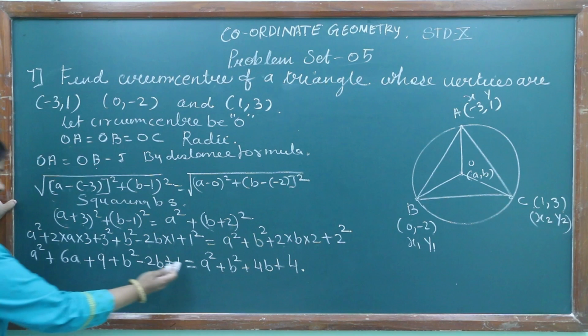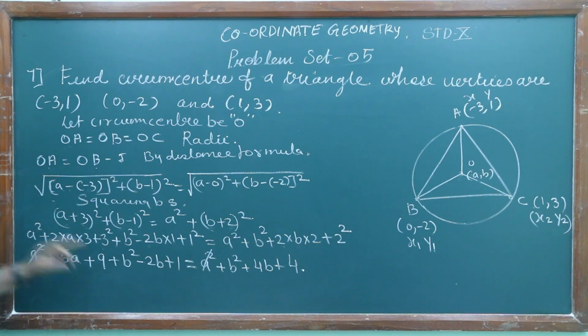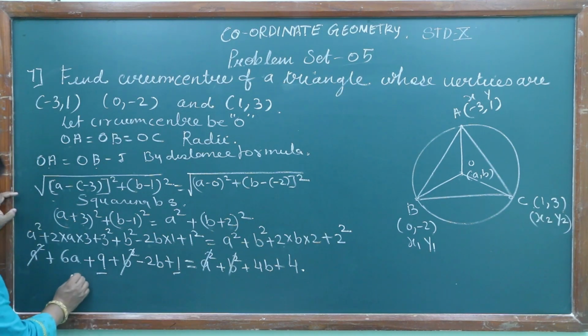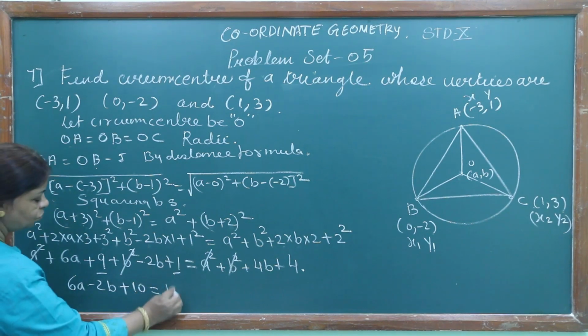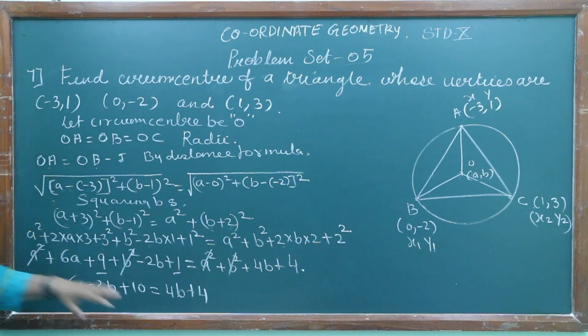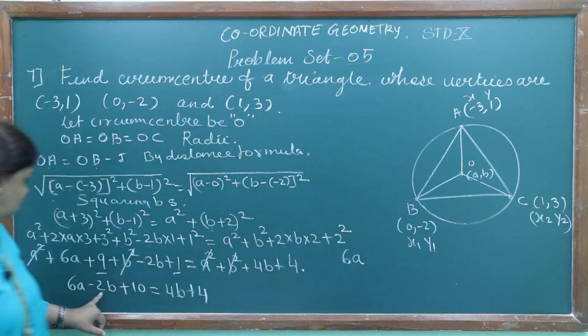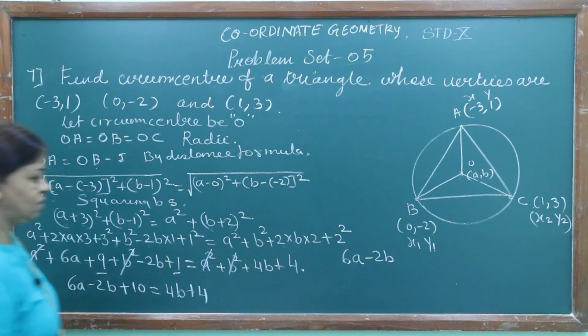Now what is this side and this side? If they are the same, you can cancel. a square can cancel with a square, b square will cancel with b square. Now what is left? 6a plus 9 minus 2b. So I will write it here, 6a minus 2b, and this 4b will come here, it will become minus 4b.